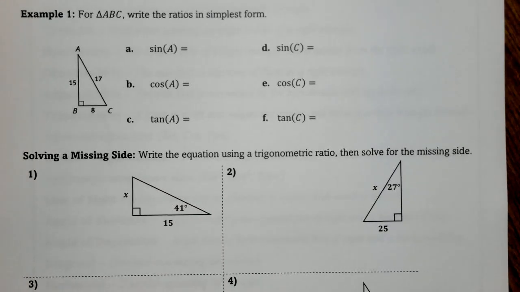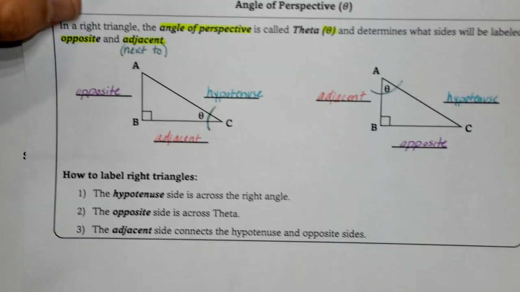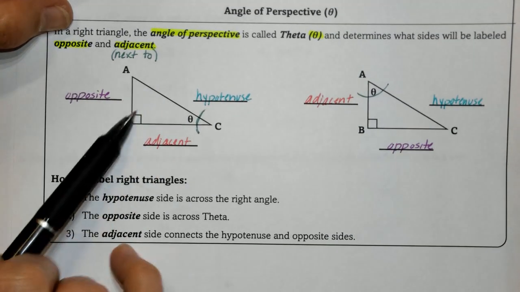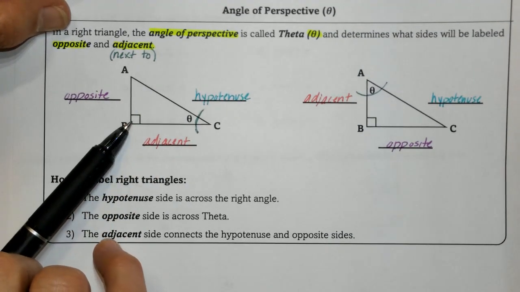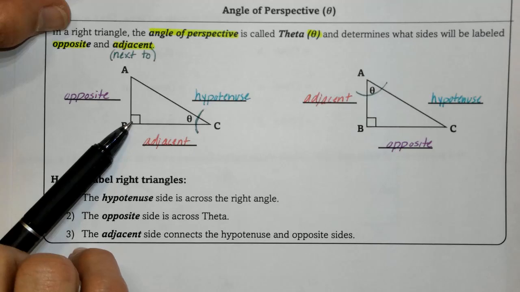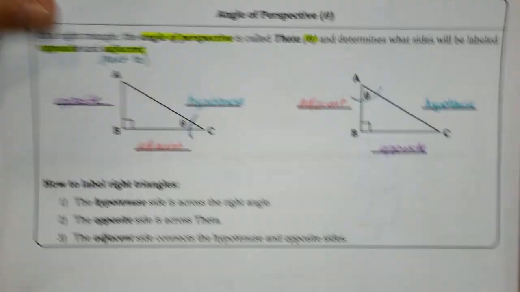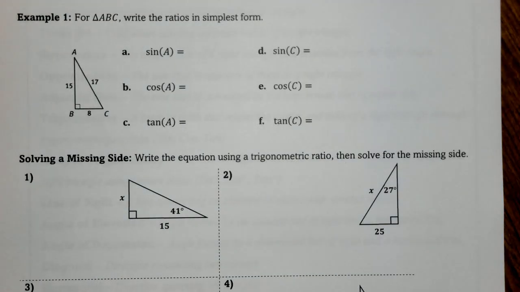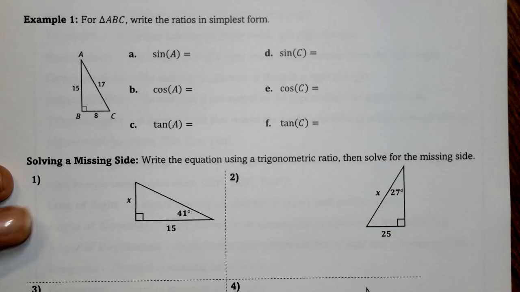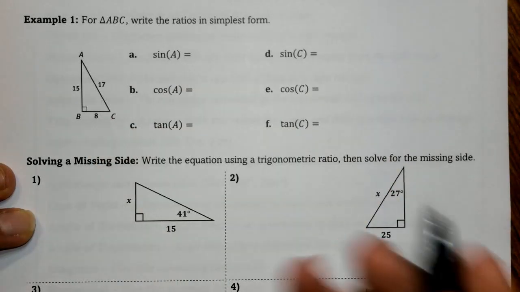We're going to do all three functions with both of our angles of perspective. One thing I did forget to mention over here, you will never, ever use the right angle as an angle of perspective. It's always going to be one of the other two acute angles. So we're going to first sit here, and I'm using something that's erasable.